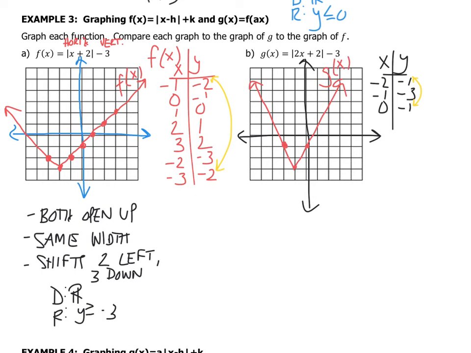Okay, so again, compared to the parent one, both open up. I know that is not neat, but that says both open up, not oven, both open up. So now we definitely have that g of x is more narrow.